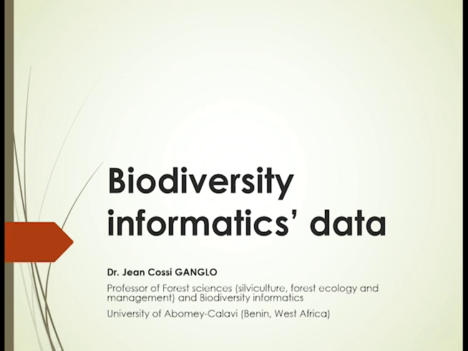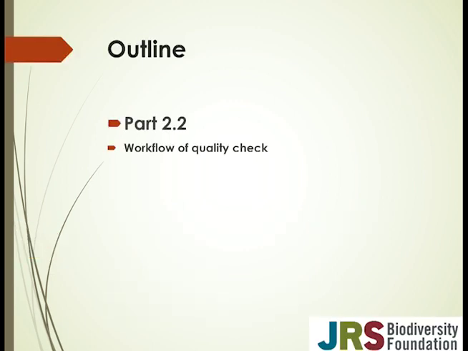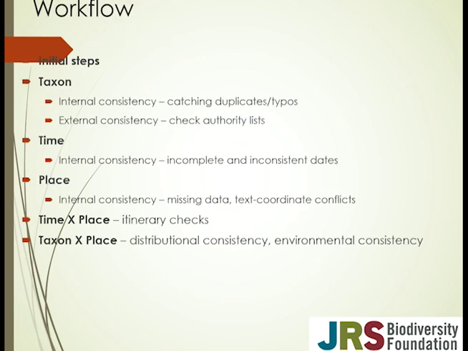Okay, the last part of this presentation is dedicated to the workflow of quality check of biodiversity informatics data. So you have the initial steps of, let's say, collecting data, digitizing data, formatting data.